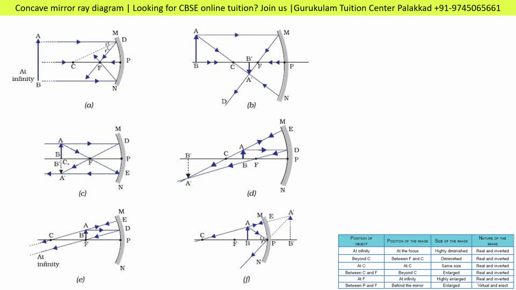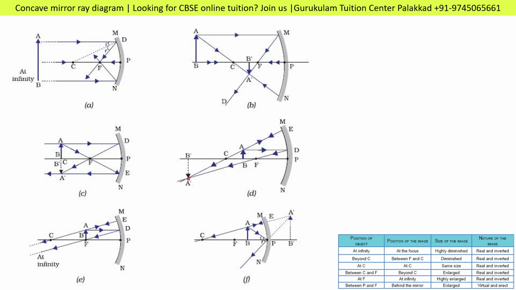And the fourth case, the object is placed in between the center of curvature and focus. Object is placed here. Our first line is passing parallel to the principal axis, so it is coming through the focus. And the second light ray is coming through our center of curvature.